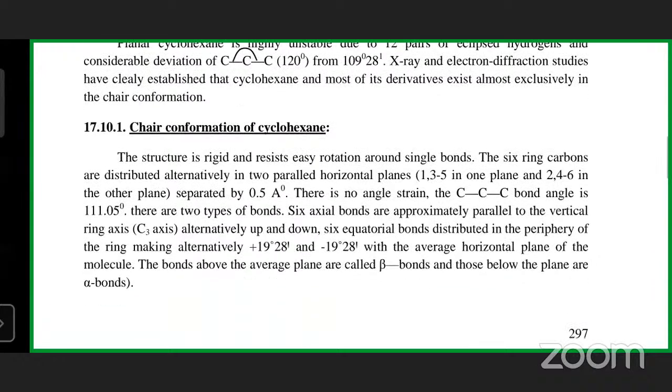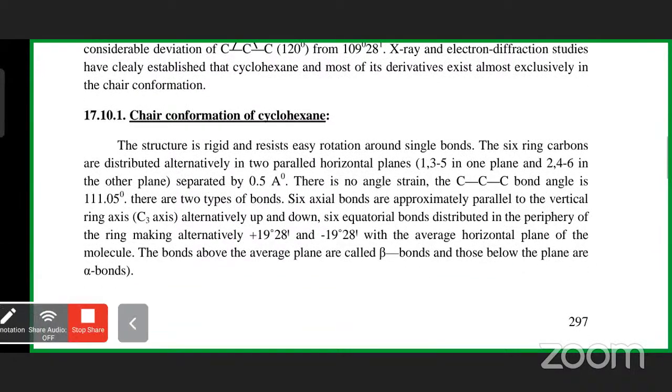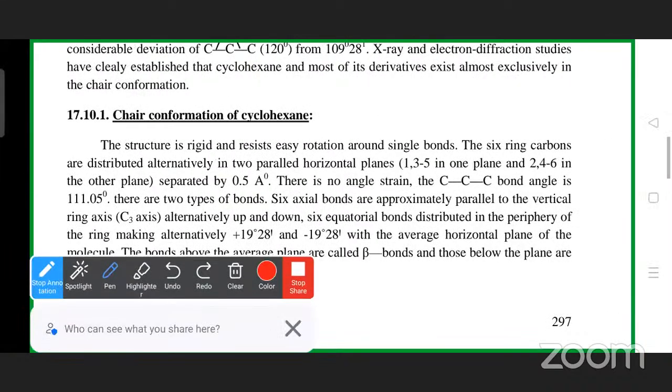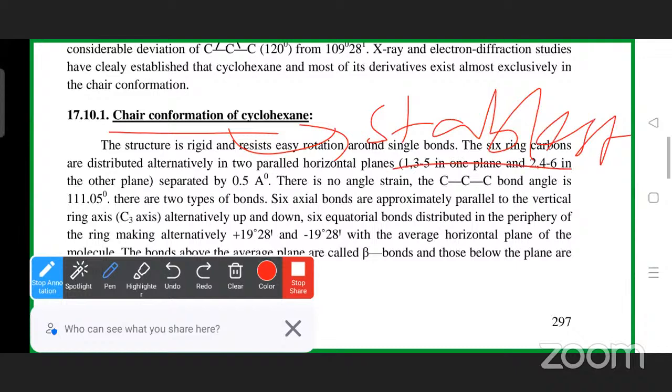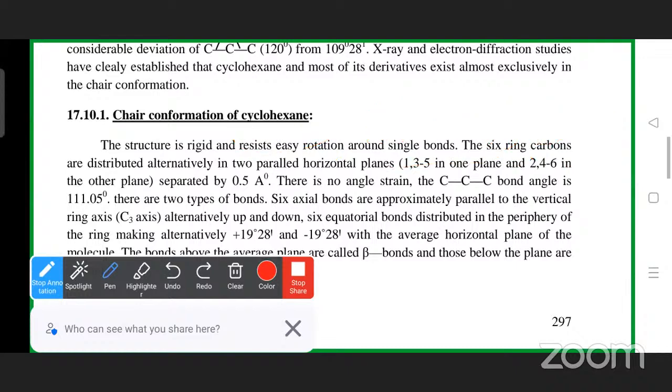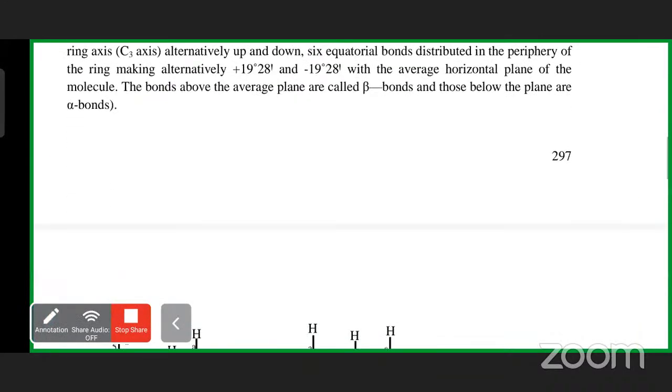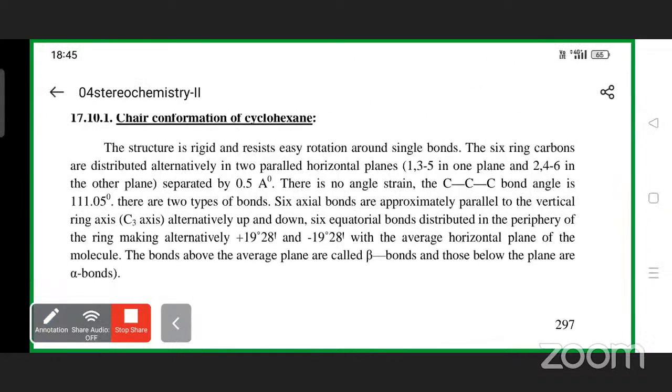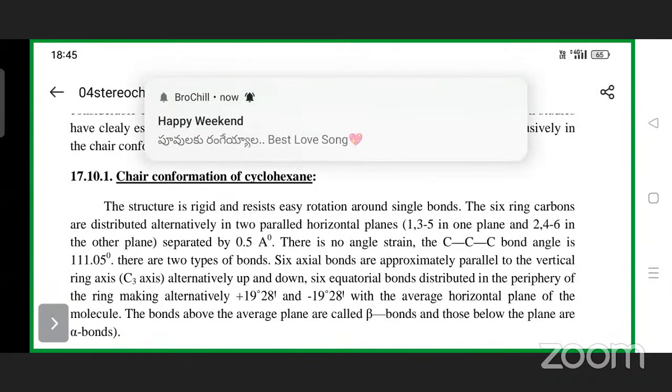First we'll see the chair conformation of cyclohexane. Generally the chair conformation is the stablest. It is the most stable conformation among all the cyclohexane conformations, because cyclohexane exhibits a variety of conformations, like chair, boat, twist boat and half chair.